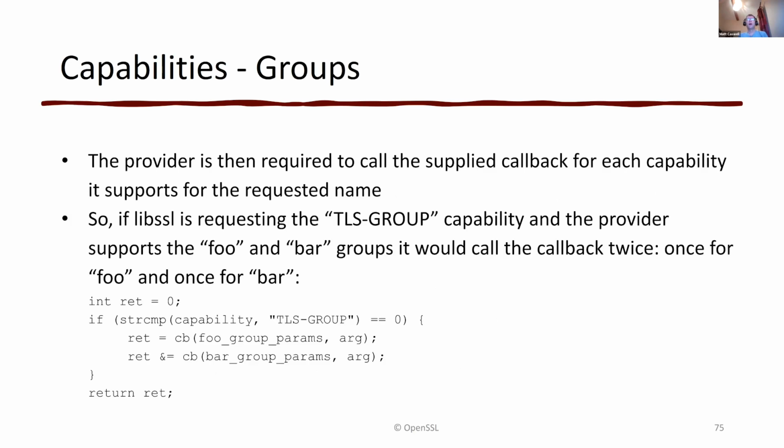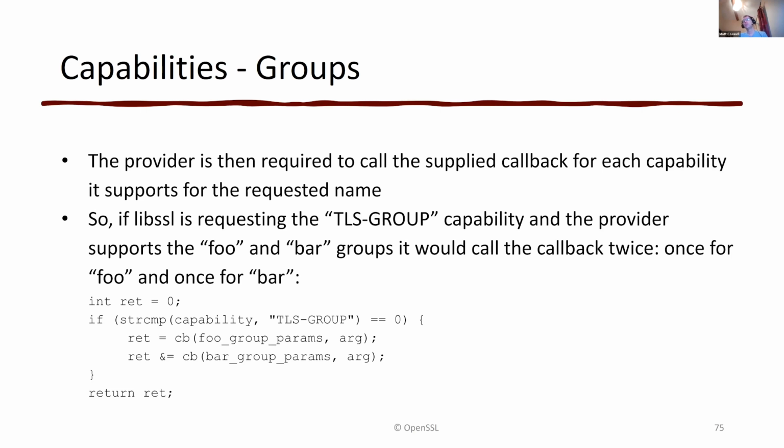So if you want to implement this, then your provider is basically required to look at the capability name, check whether it's being asked about the TLS group capability, and then call the callback that's been passed to it with information about all the groups that it supports. So let's say, for example, your provider has support for the foo group and the bar group.